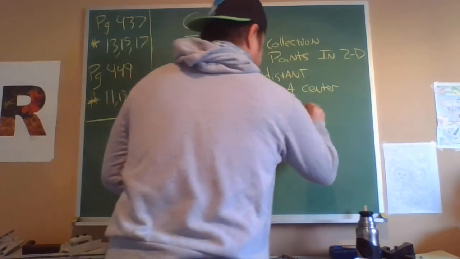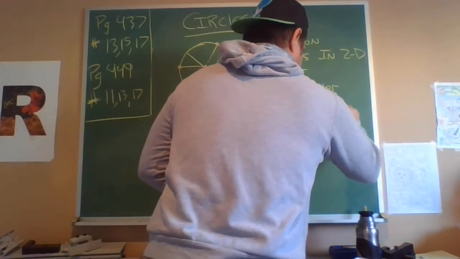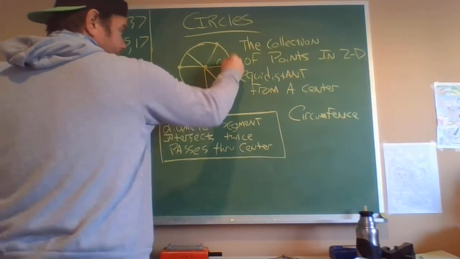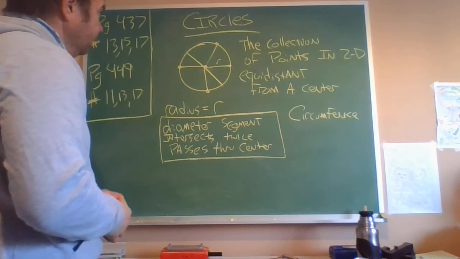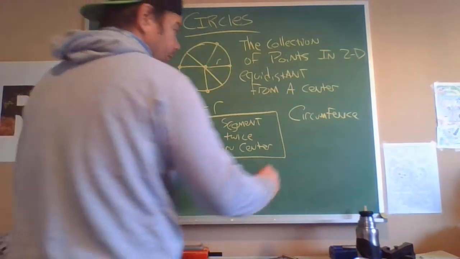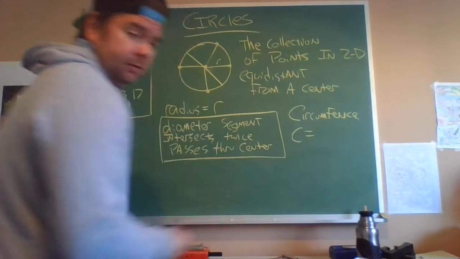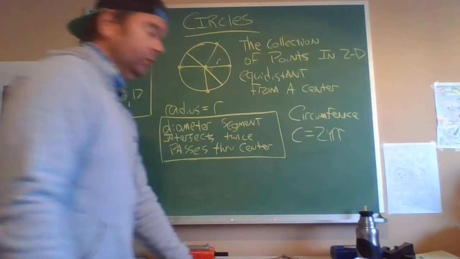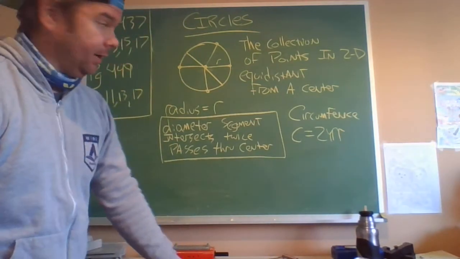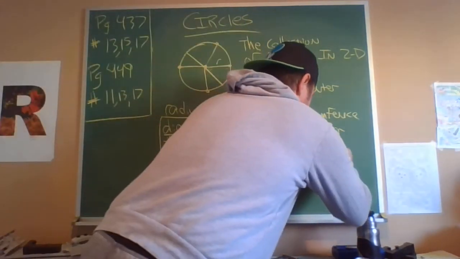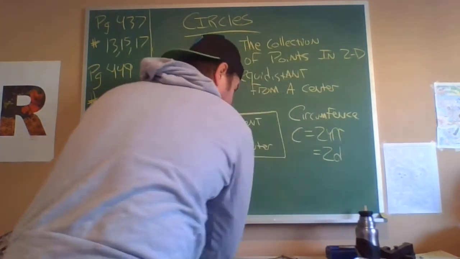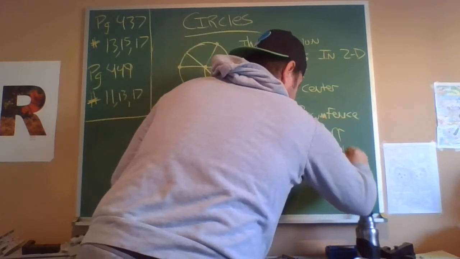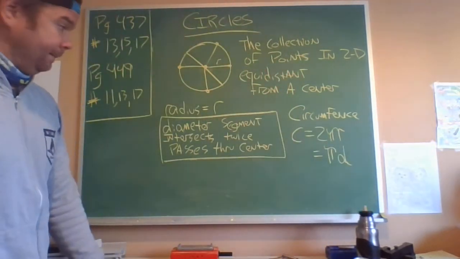The circumference is the distance traveled if you walk completely around the circle. So it's kind of like the perimeter of the circle. And here's where we start getting into some formulas. The circumference of a circle is 2 pi r, so 2 times pi times the length of the radius. Sometimes people like to say it's pi times the length of the diameter, same thing.